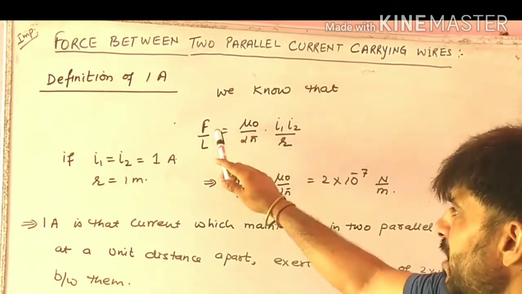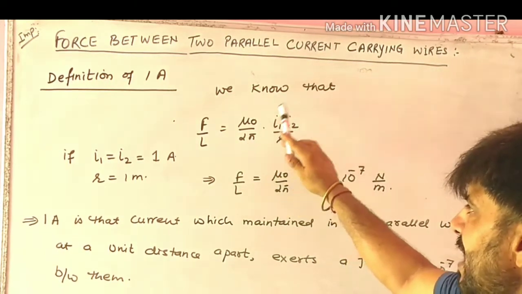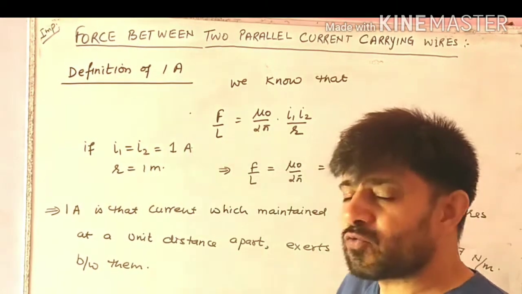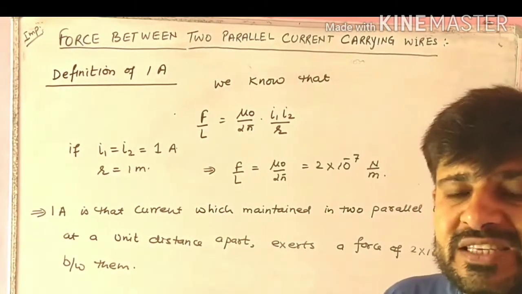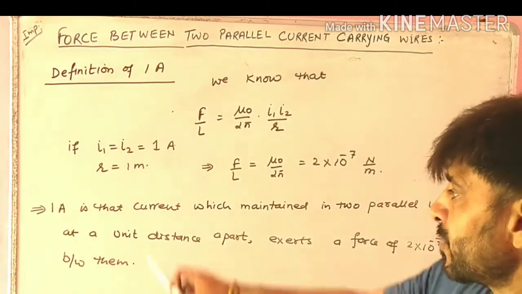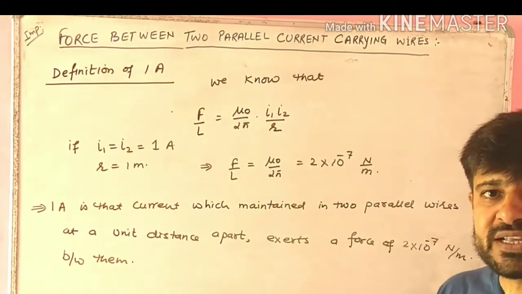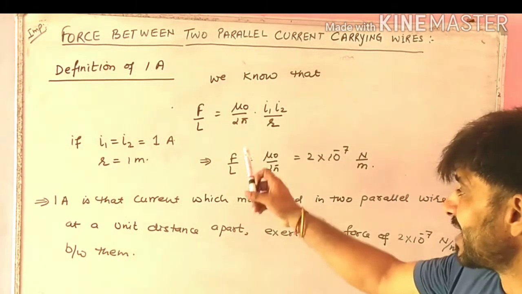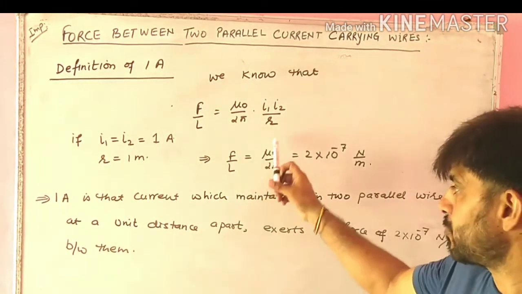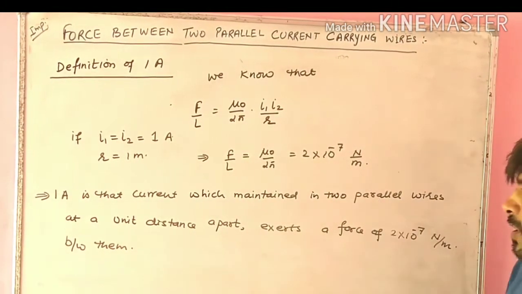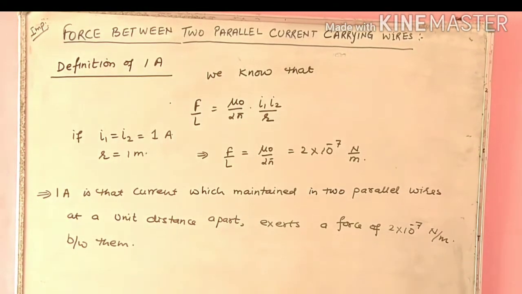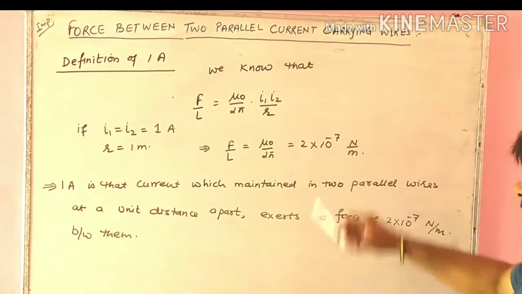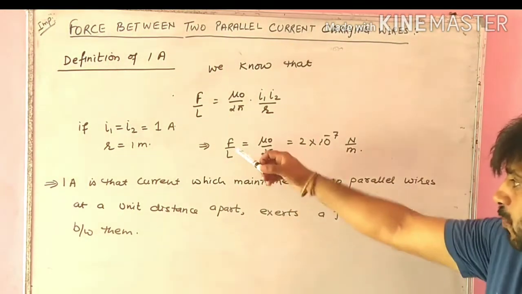We know force per unit length equals mu 0 upon 2 pi I1 I2 upon R. If we assume that I1 equals I2 equals 1 ampere each, दोनों वायर में सिमिलर करंट है 1-1 एम्पियर का, and both the wires are at a unit distance, यानी 1 meter distance apart, दोनों वायर के बीच का डिस्टेंस 1 मीटर है, then we can say F upon L, यानी force per unit length, will be mu 0 upon 2 pi, and we know mu 0 upon 4 pi is 10 raised to the power minus 7, so mu 0 upon 2 pi will be 2 into 10 to the power minus 7 Newton per meter, since force is per unit length.